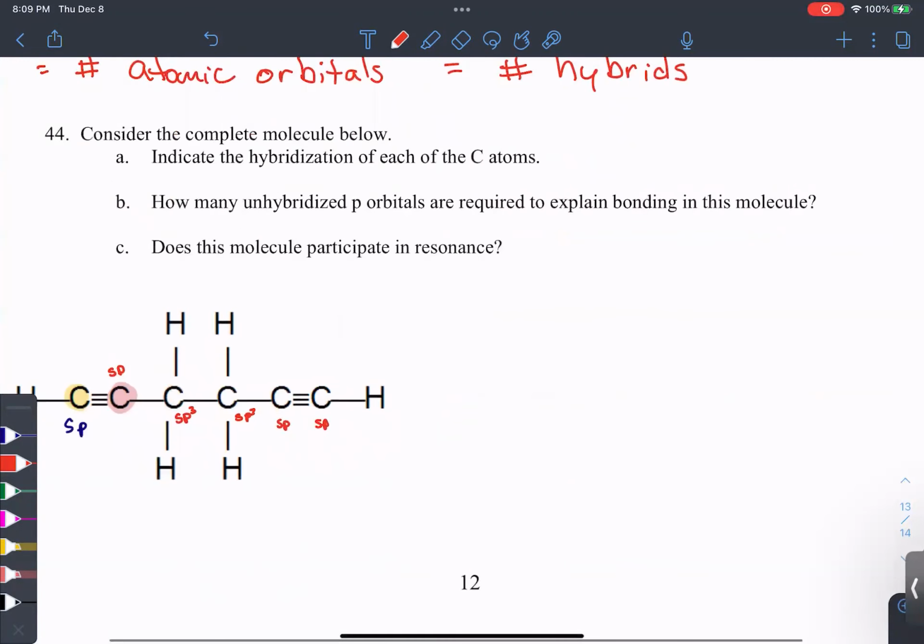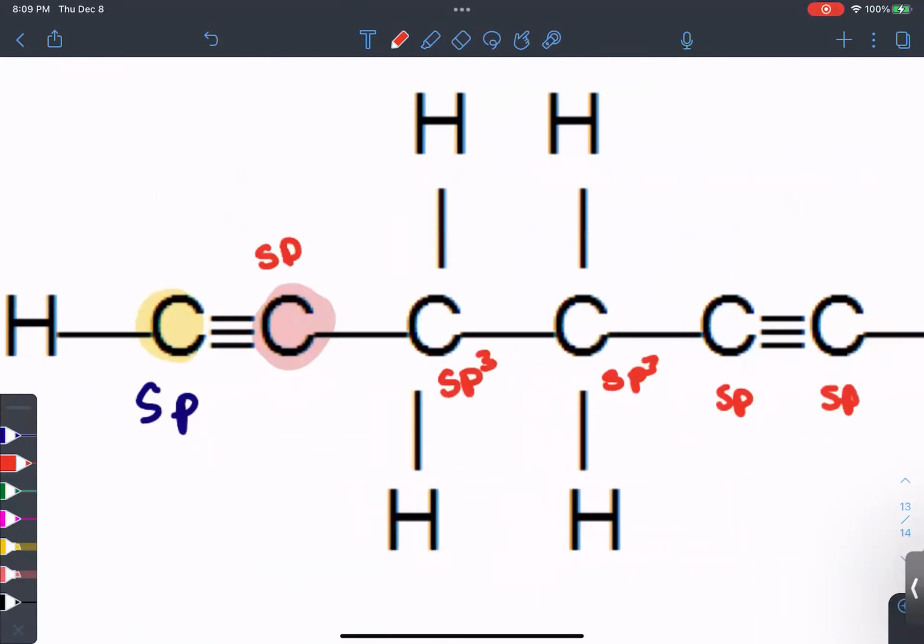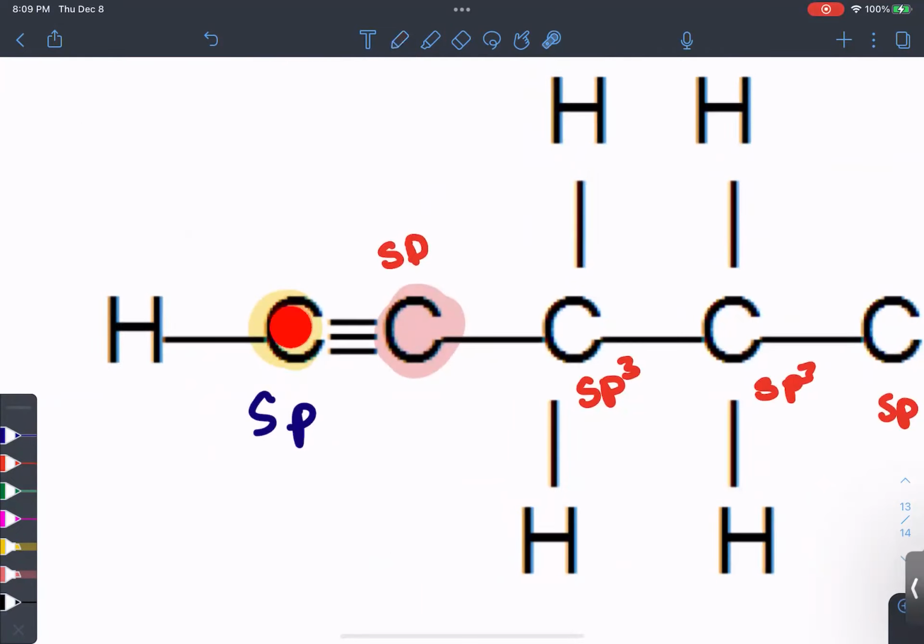Okay. How many unhybridized p orbitals are required to make this molecule? There's a couple ways we can do this. We could go through each carbon one by one. Remember when I asked you, this carbon has how many unhybridized p orbitals on it? 2, because one of the p orbitals is involved in hybridization.